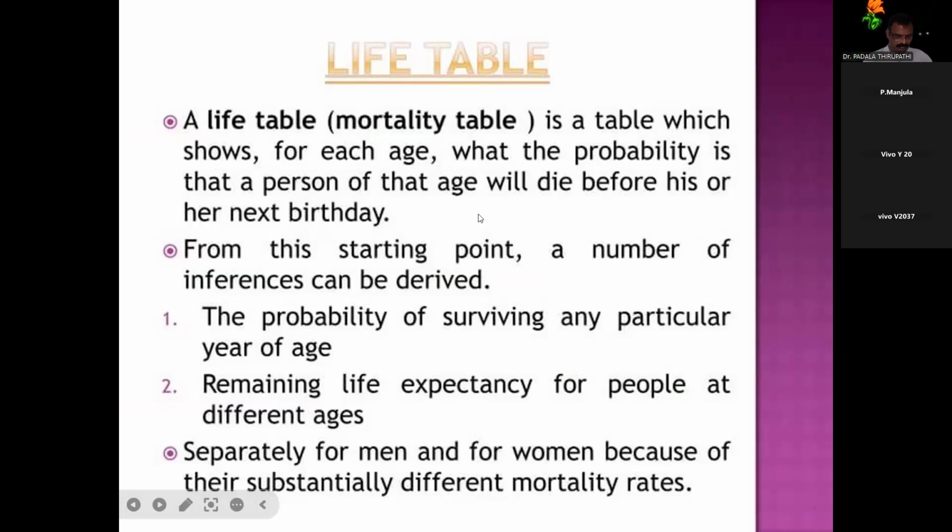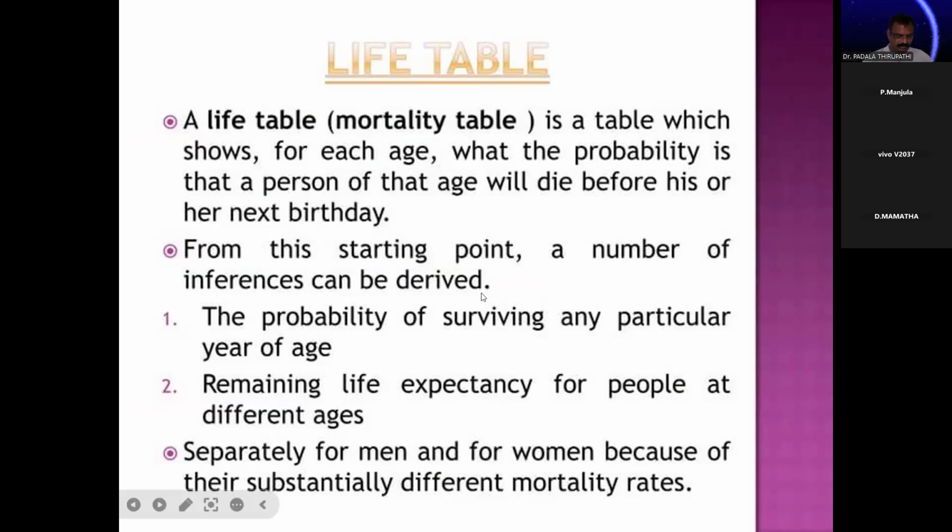So another one is the life tables. A life table is the mortality table. It is a table which shows, for each age, the probability that a person of that age will die before his or her next birthday. So it is called a life table or mortality table.